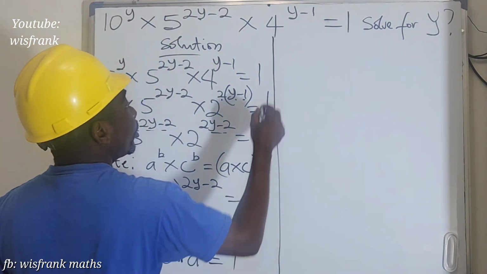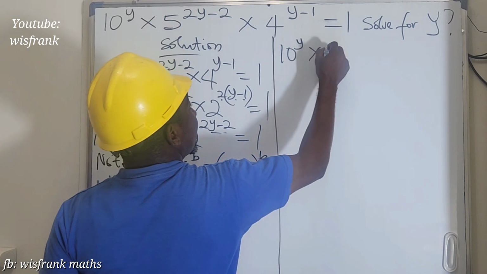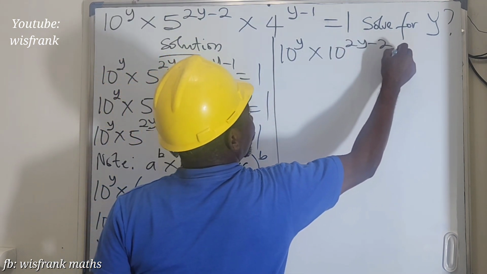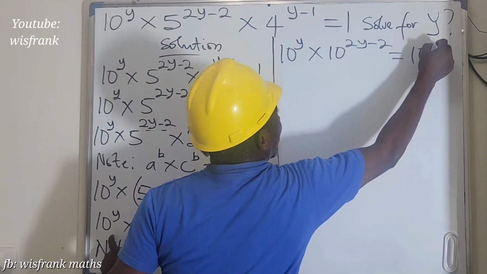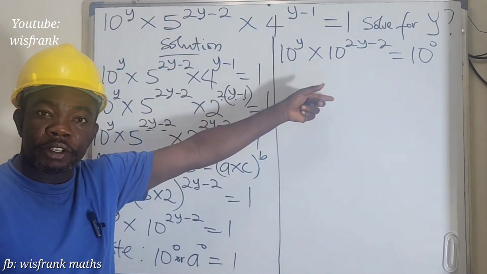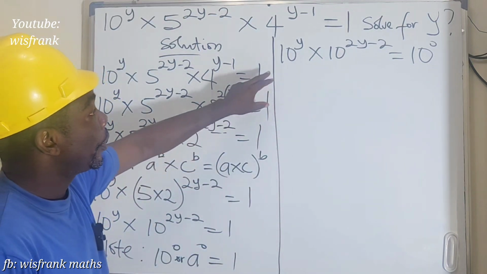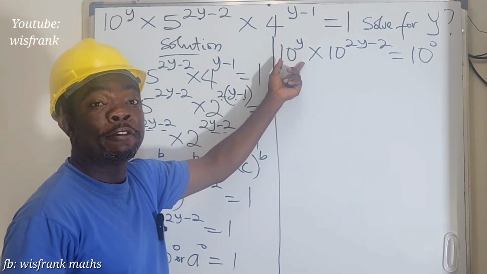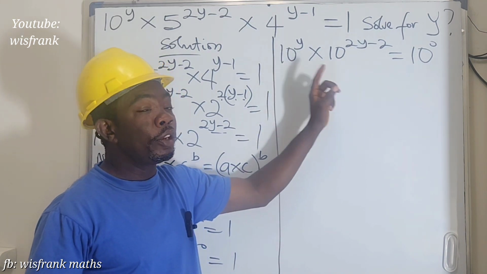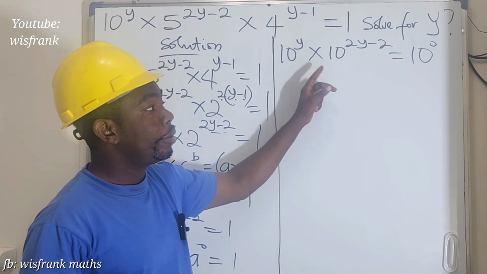So this will become 10 raised to the power of y times 10 raised to the power of 2y minus 2 equals 10 raised to the power of 0, because anything raised to the power of 0 is 1. So here we have been able to express the whole of this indicial equation in one similar base, which is base 10.